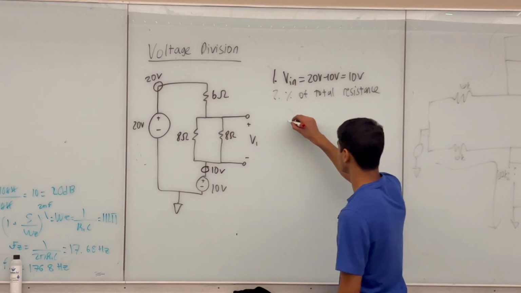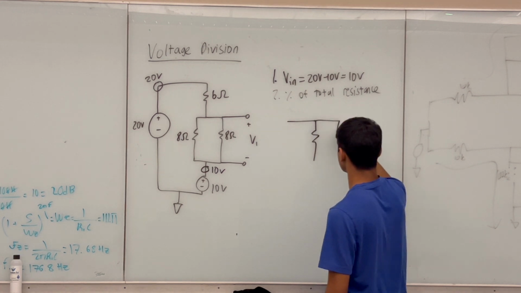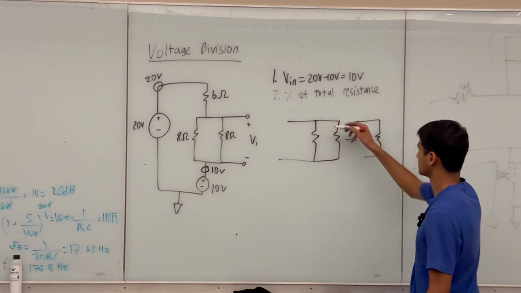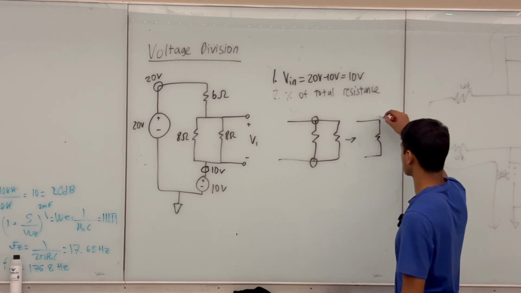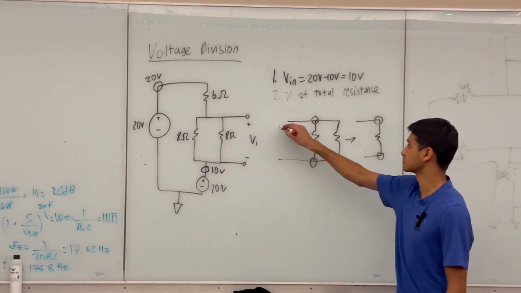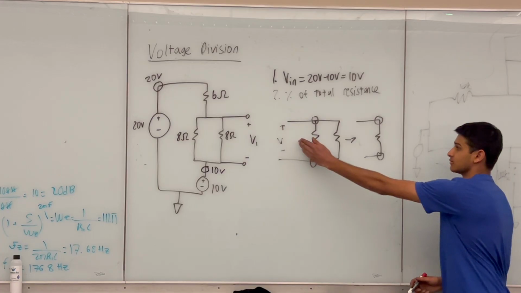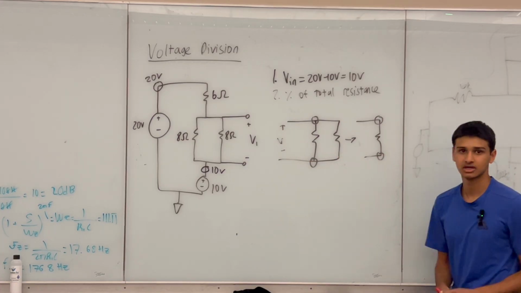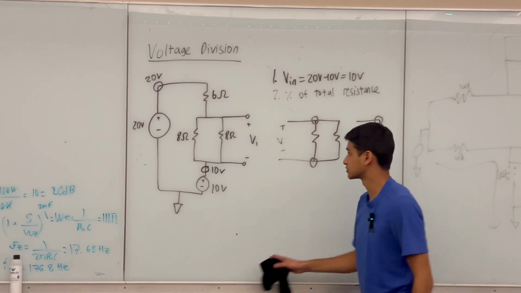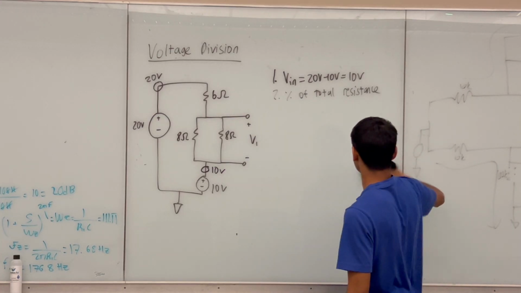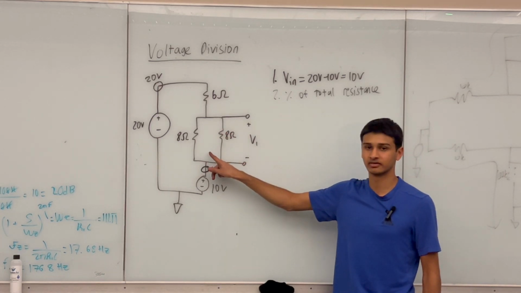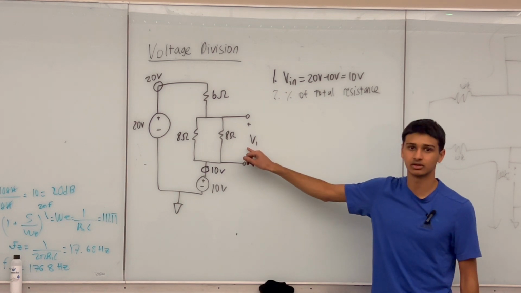As we know, if you have a bunch of resistors in parallel and you simplify that to an equivalent resistor, the voltage across the nodes in both of these scenarios will be the exact same. So this voltage V is the same through each one of these scenarios because that's the definition of parallel resistors. So if I simplify these two resistors to one equivalent resistor, it's going to have the same V1 across it.